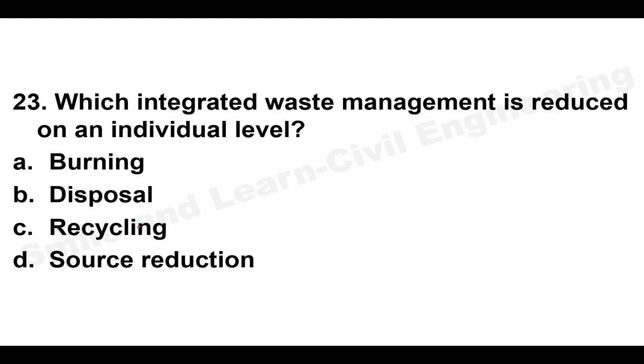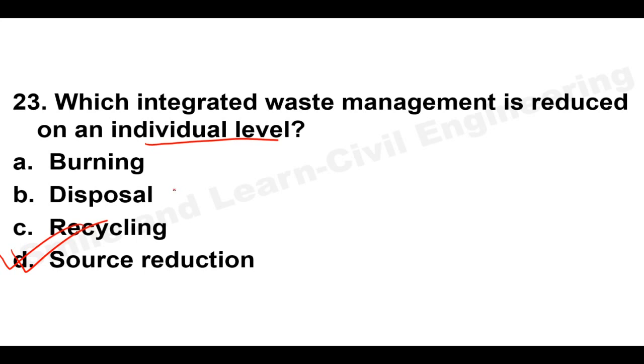Next question. Which integrated waste management approach reduces waste at an individual level? So we can individually reduce waste by using source reduction. See, this household waste or municipal solid waste is collected from different sources like different houses, right?